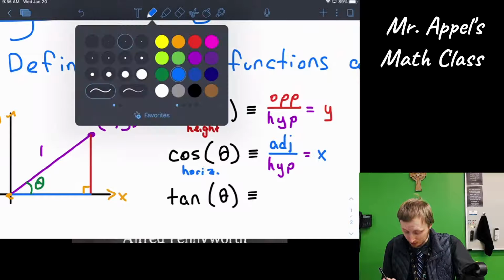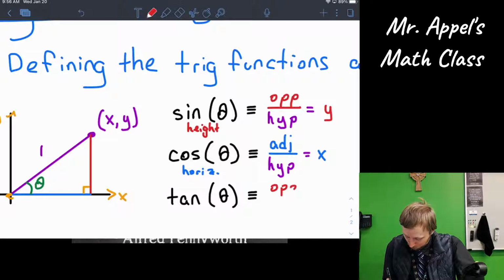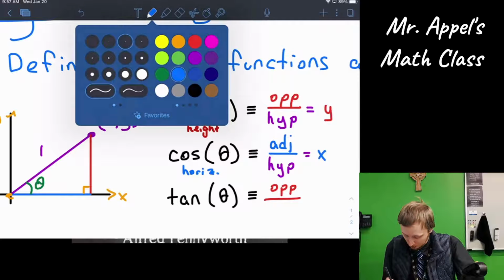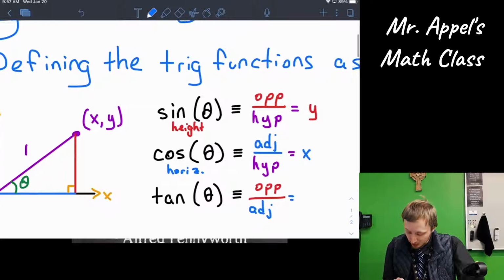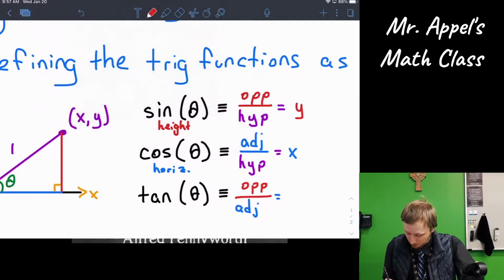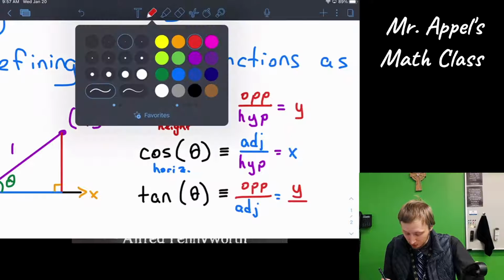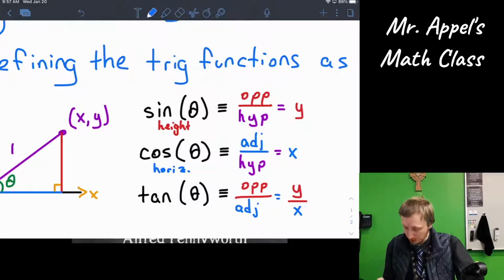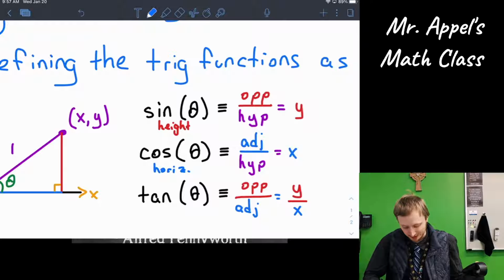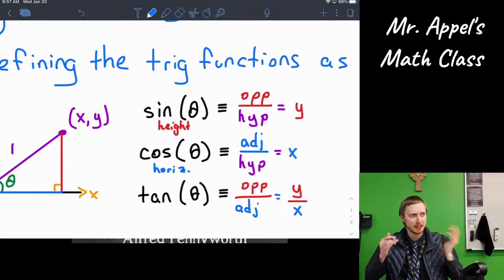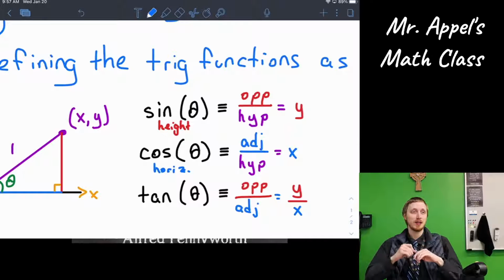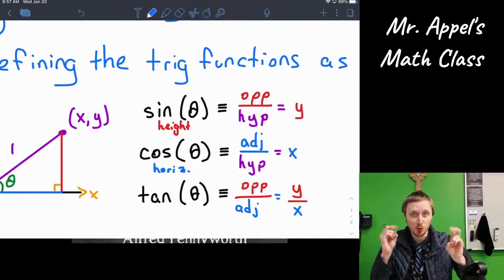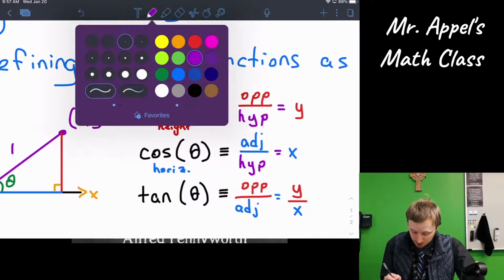Opposite, which I did in red here, over adjacent, which now gives you a ratio of y over x. Now that one's a little bit different, right? Because this one doesn't tell you an exact measurement. It's still a ratio of measurements. But this tells you how square something is. You could think of it that way, right?